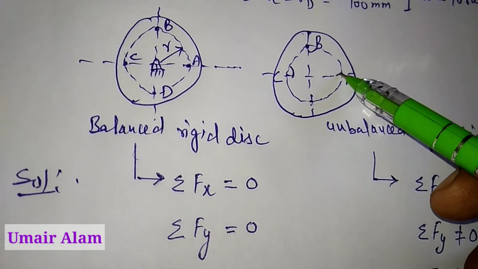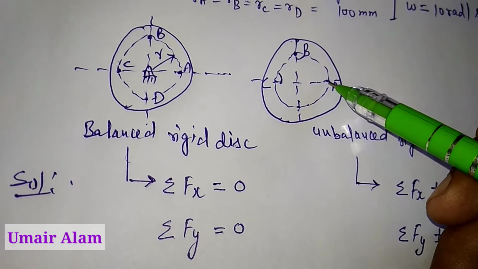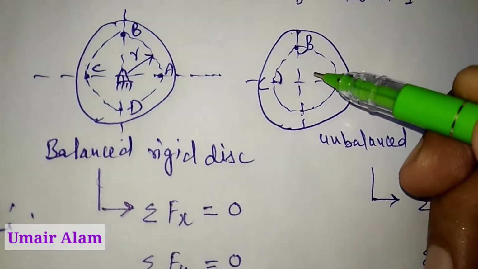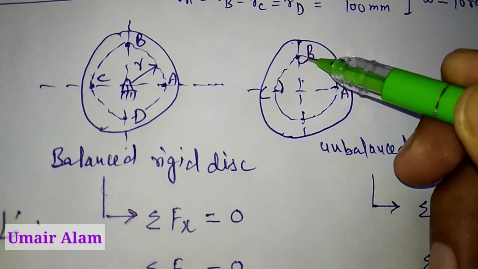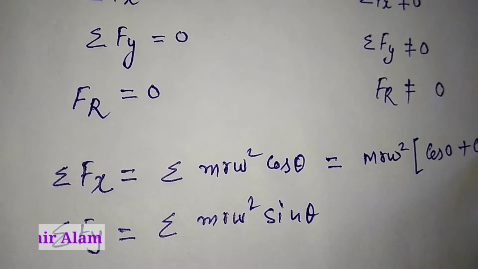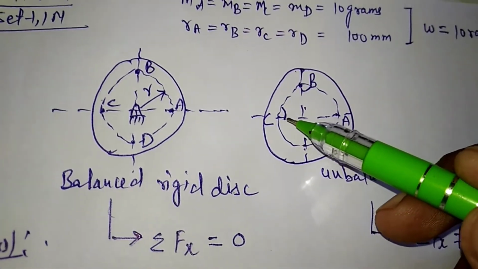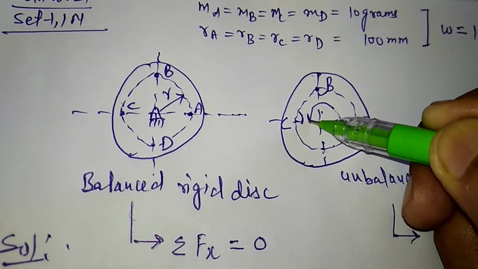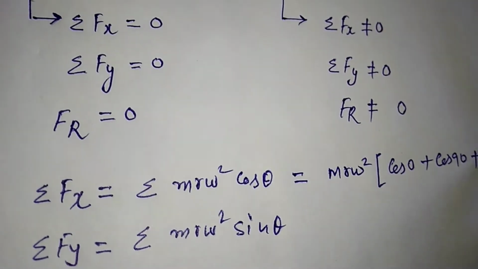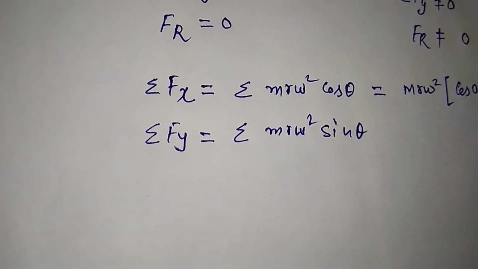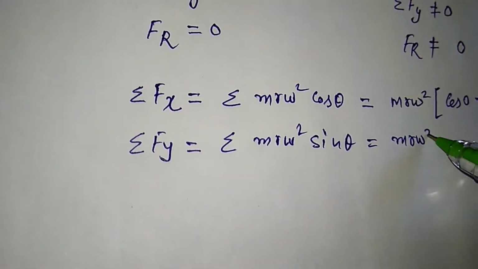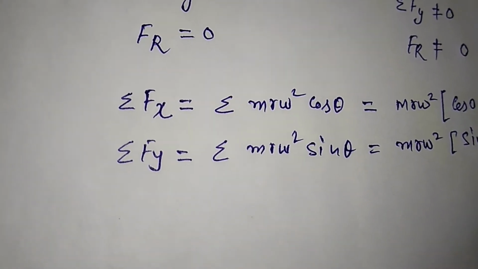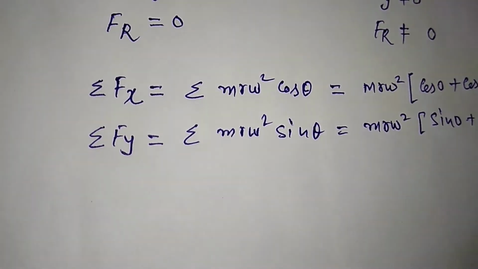The angle for mass a is 0, so cos 0, plus for point b the angle is 90, so cos 90, plus the angle for mass c, measured from point a, is 180, so cos 180. Similarly, the y direction will be m r omega square into sin 0 plus sin 90 plus sin 180. So this is equation 1 and this is equation 2.